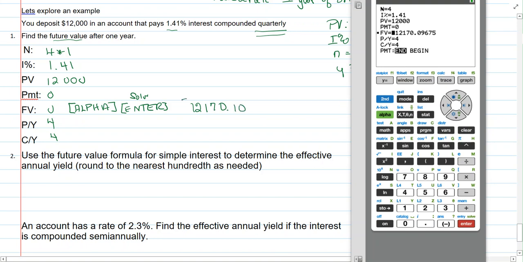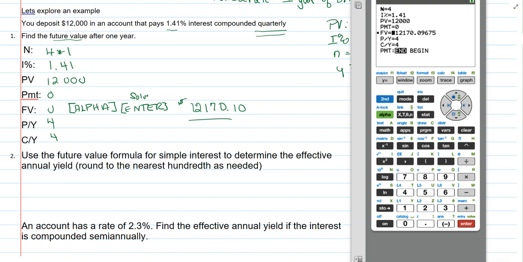$12,170.10 if we round it. All right. So we have our value of this, we're going to put it as $12,170.10. All right. So now we want the future value interest to determine the effective yield. Effective yield.